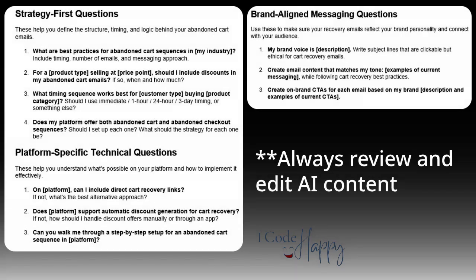And then you can even ask it to help you walk through setting up the sequence depending on your platform. So here are some prompts that might help you with that entire process, some strategy questions, some platform prompts, and some messaging questions that you can also ask AI to help make sure that you stay on brand with your content as it helps you develop the abandoned cart sequence.